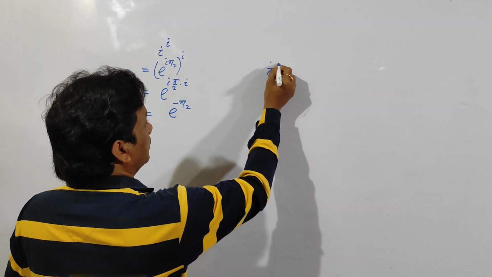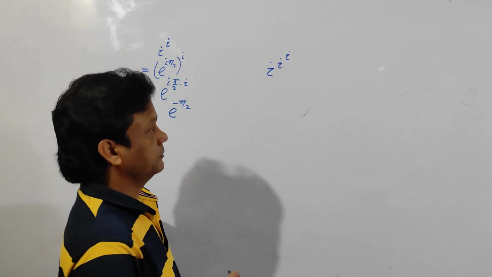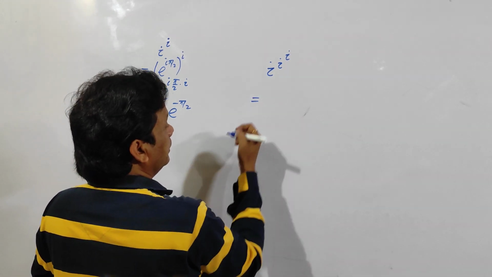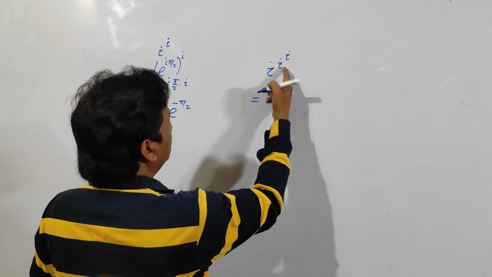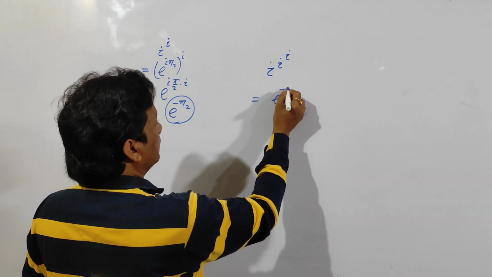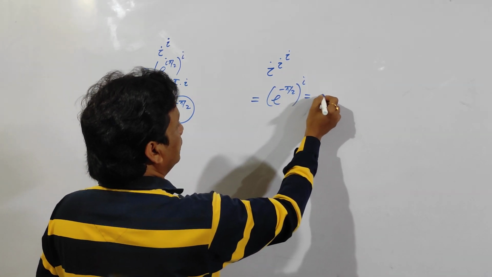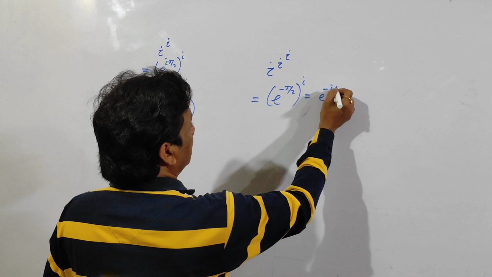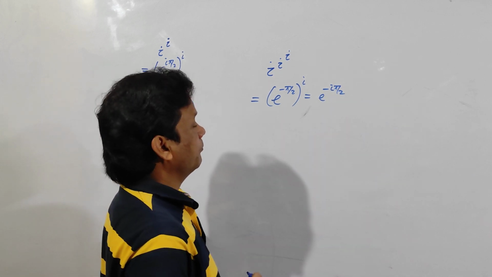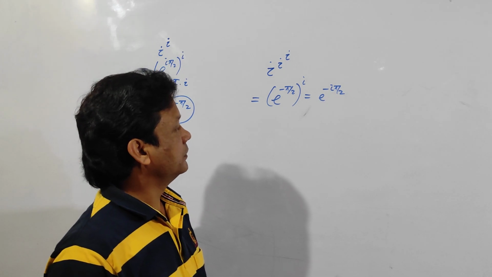Again see here, i to the power i to the power i. How to do this one? Here, i to the power i I have already proved. It is e to the power minus pi by 2, to the power i, which is e to the power minus i pi by 2. Clear?